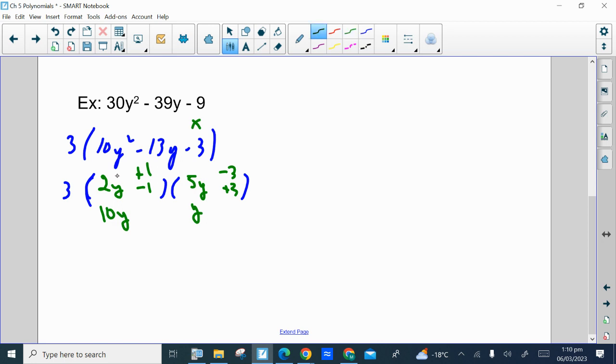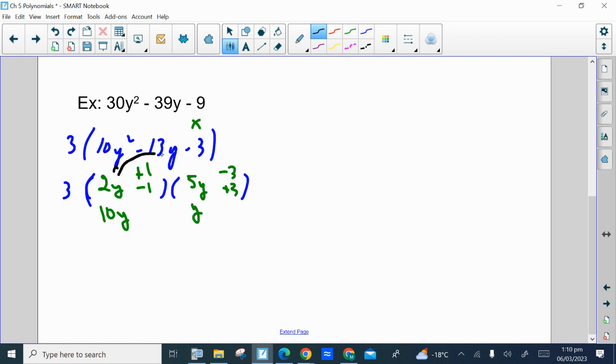So if I did the positive 1 in the first and negative 3 in the second, 2y times negative 3 is negative 6y, and then 1 times 5y is positive 5y. Negative 6y plus 5y is negative 1y, not negative 13y. So that doesn't work.